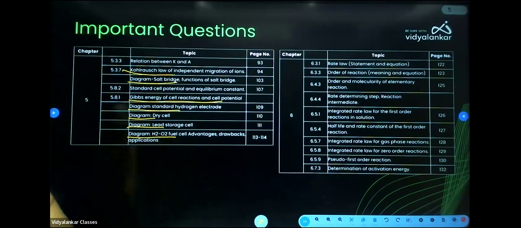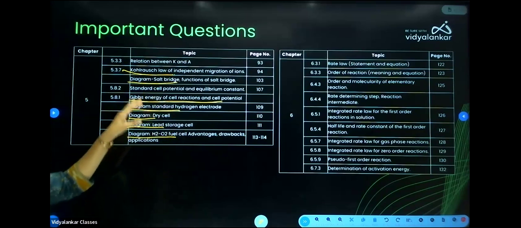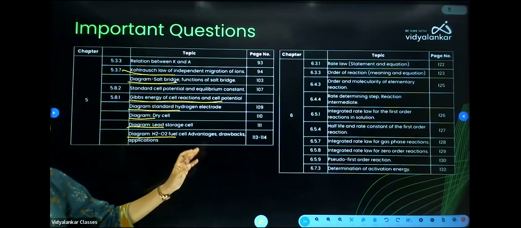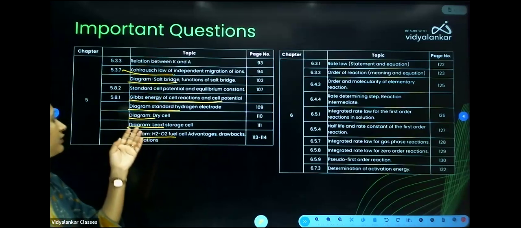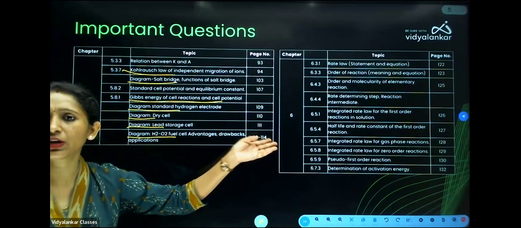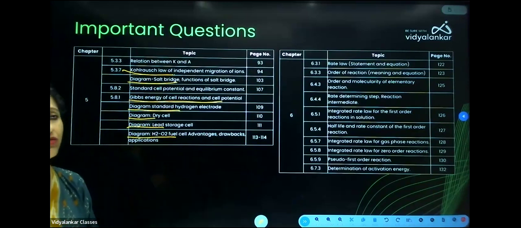So this is important. After that, diagrammatical representation is easy. With that, it is not mentioned here, but writing a complete cell reaction can be asked for 1 mark. For example, writing the complete cell reaction considering the standard hydrogen electrode can be asked for 1 mark in section A, or in B, C, D, anywhere.